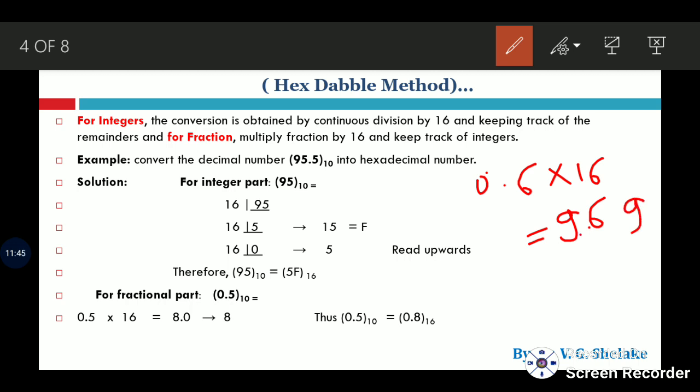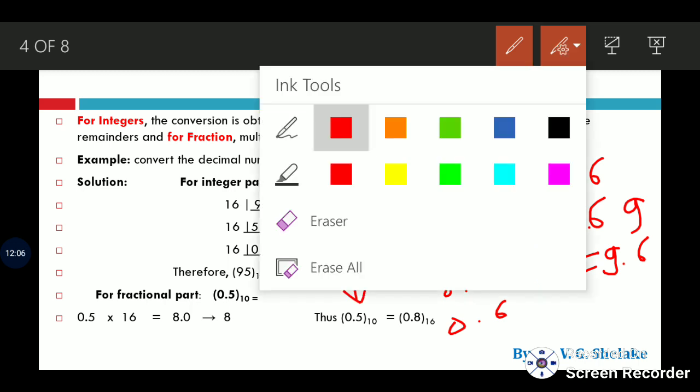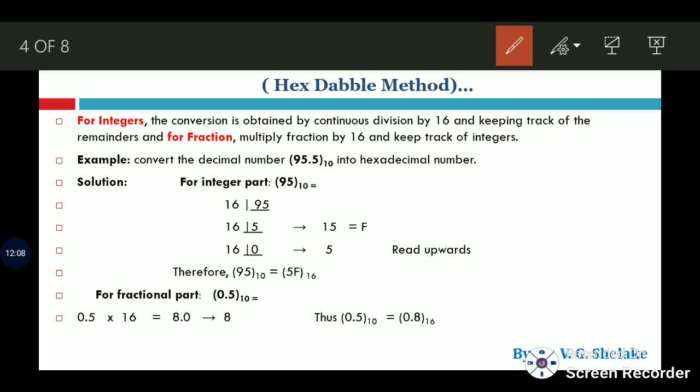Again we multiply 0.6 by 16, so again the result will be 9.6, and again 9.6, so the result will be 999 in downward direction. So in this way we can convert integer as well as fraction.